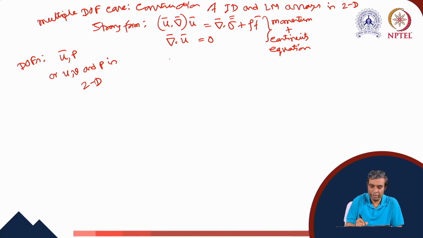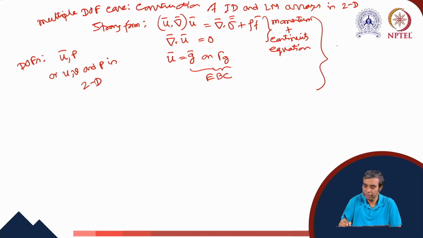The essential boundary conditions that we specify are u bar equals g bar on gamma g. This is the EBC portion. This constructs the strong form of the flow equations.